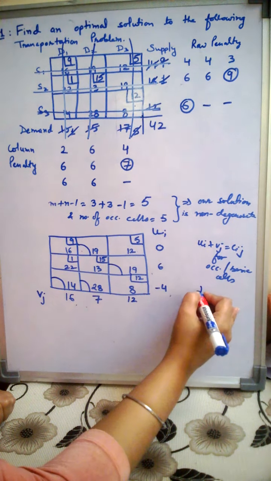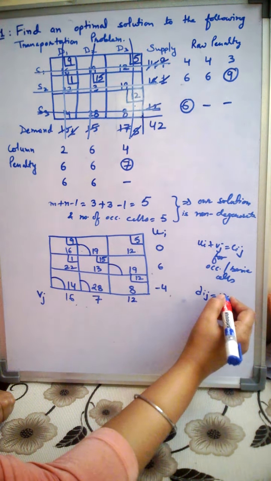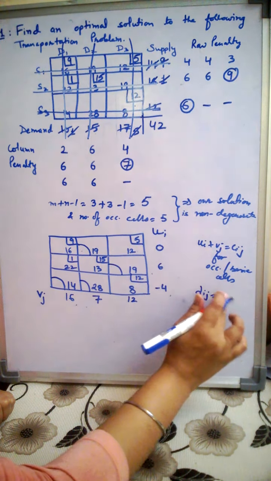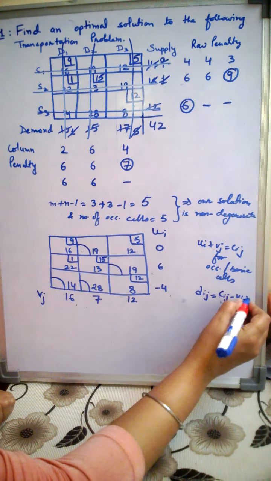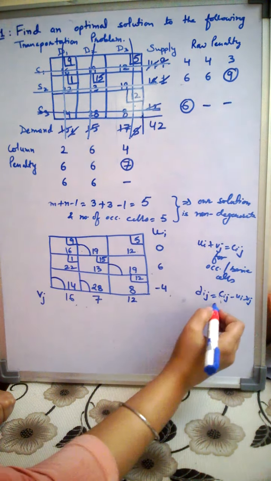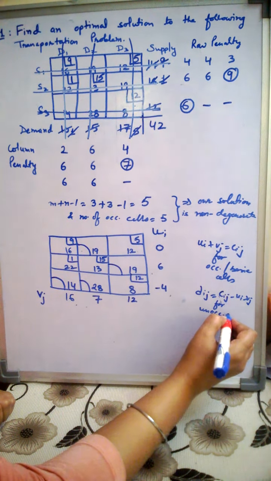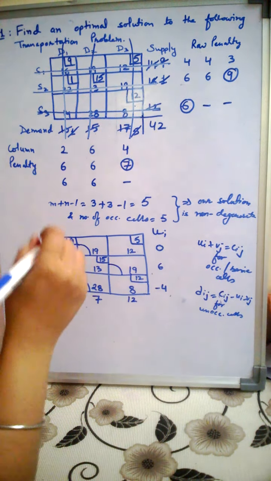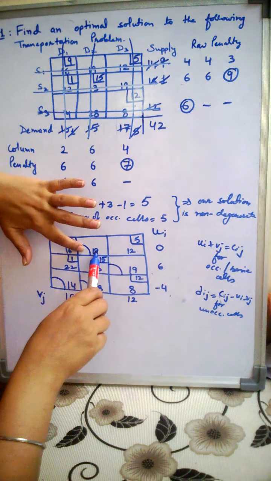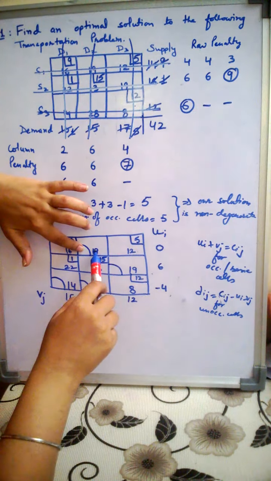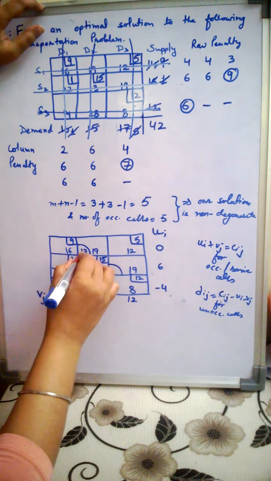And the rule to find out dij is cij minus ui minus vj for unoccupied cells. Okay, so for this particular cell, this is C, this is U, and this is V. So 19 minus 0 minus 7 will be 12.